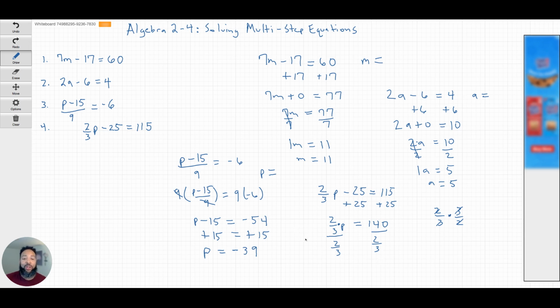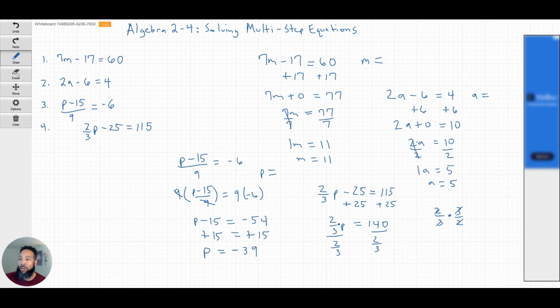We're essentially doing that. However, instead of doing this where it looks a little weird and confusing, you can just multiply by the reciprocal of the number, 2/3. The reciprocal of 2/3 is 3/2, which will cancel it out. And then you can multiply both sides by that in order to solve for p. So that's what we're going to do.